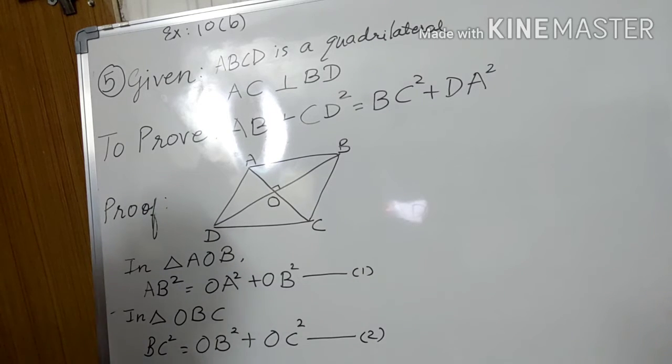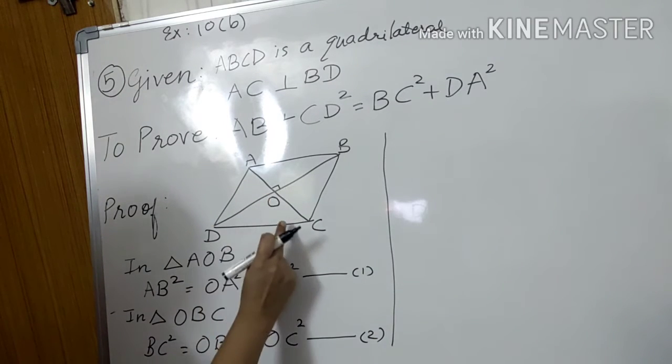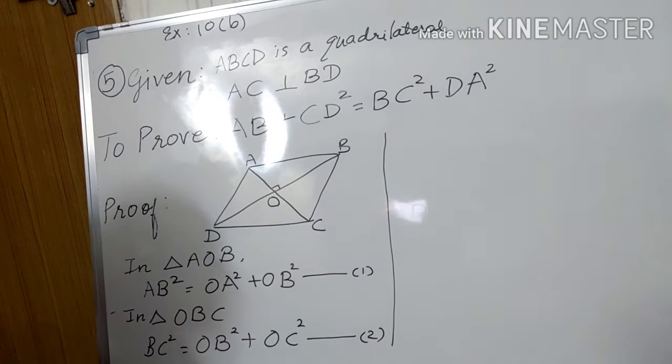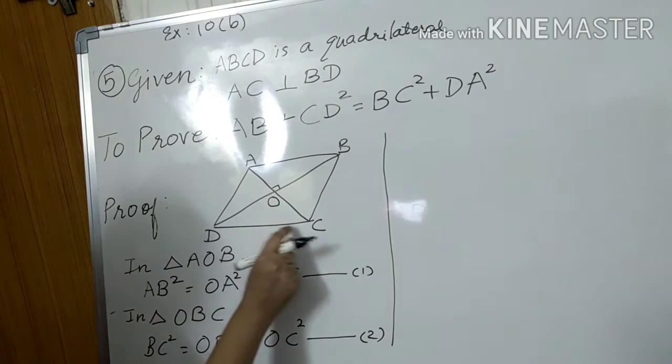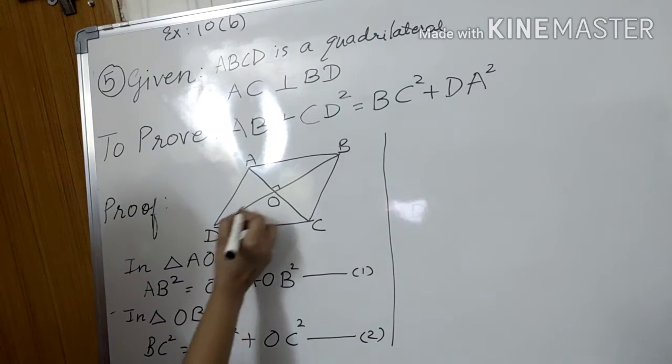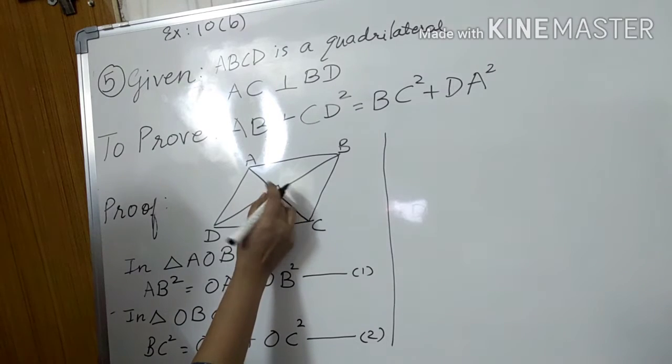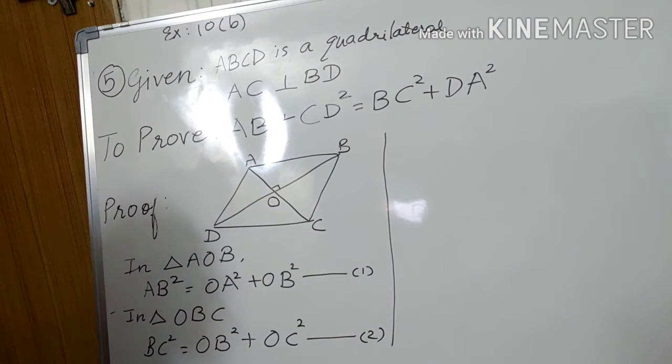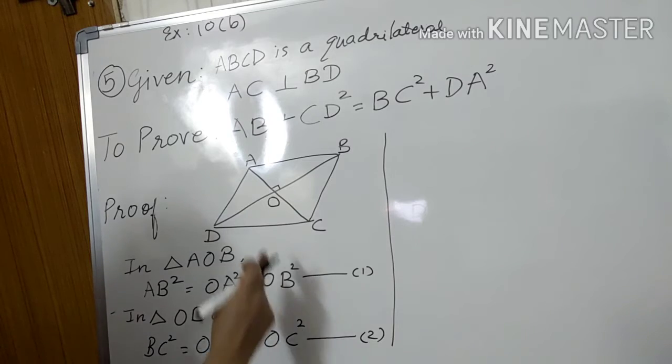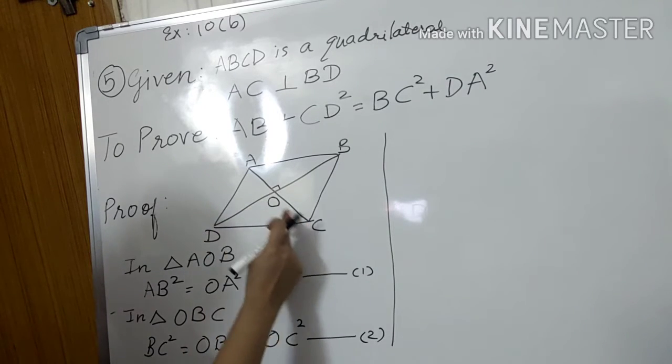Now let us move on to further that in this third triangle OCD, also CD is a hypotenuse. This is also right angle triangle, as opposite angles are creating 90-degree. So opposite angles are equal. Now I said that in triangle OCD.